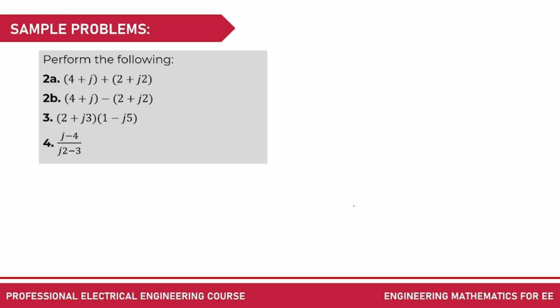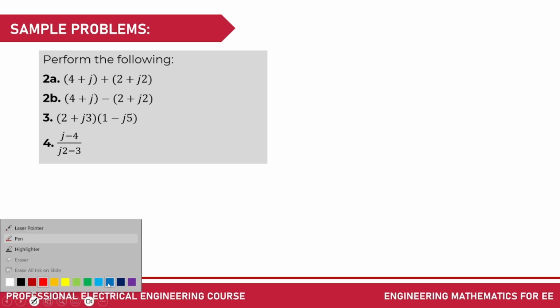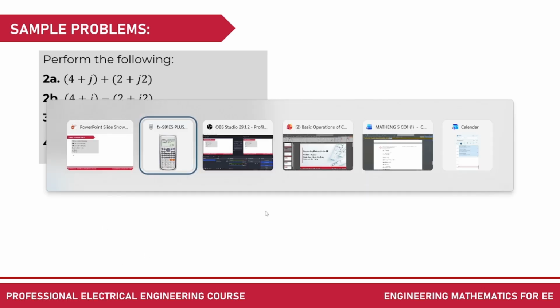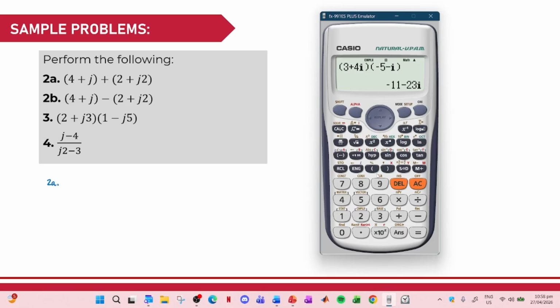Okay, let's go with this. Perform the following. For 2A, remember that there are some operations that we don't need to compute in a legalistic manner, because you can use your calculator to get the values.